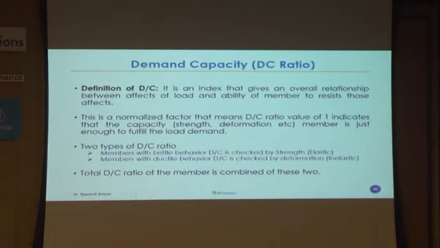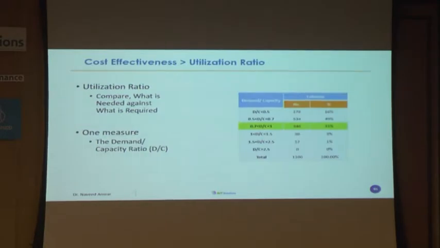So demand capacity ratio, in all bigger terms, we can always look at them. We can try to see, can we get the optimum design capacity or utilization ratio? Typically, if you can get about 70% demand capacity ratio or utilization ratio, that's really, really very good in most of the members. But we can.